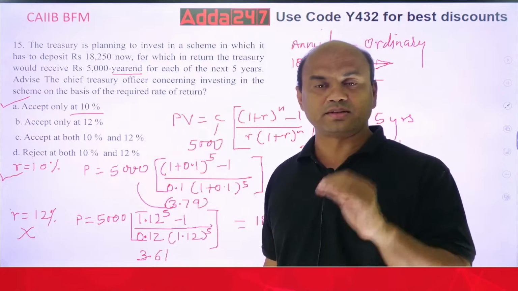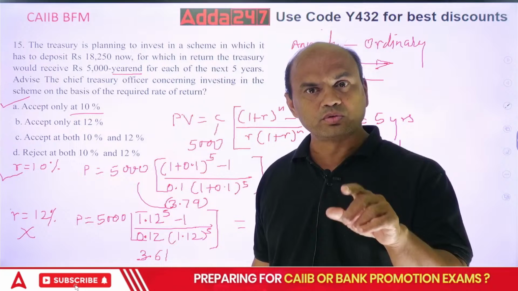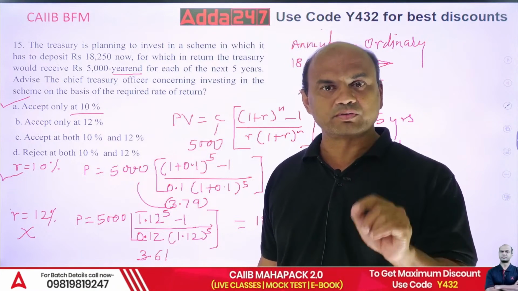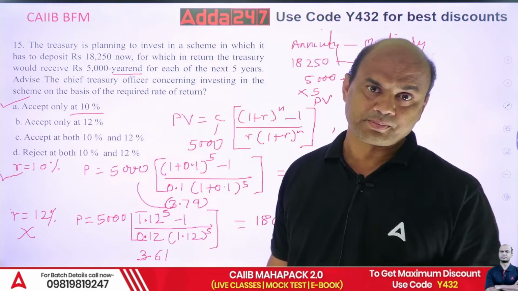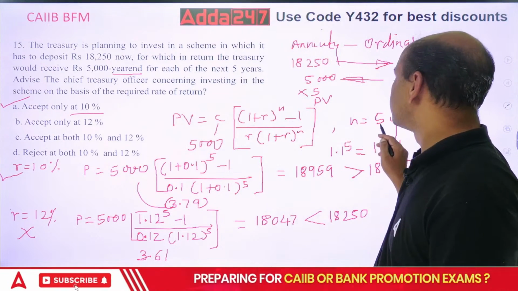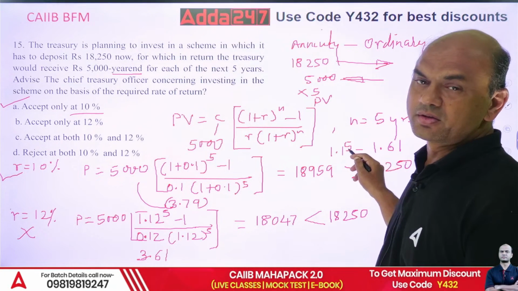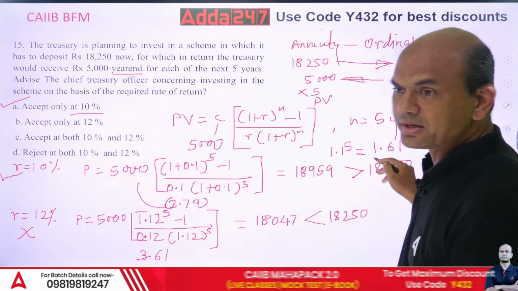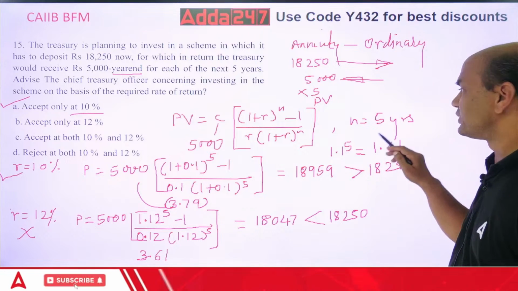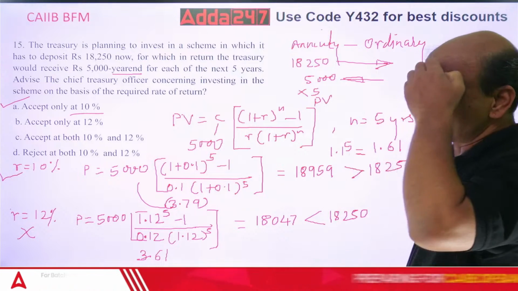So 1.1 into equal to 4 times, you will get the answer. So 1.1 raised to 5, I am getting 1.61. Are you getting the same 1.61?